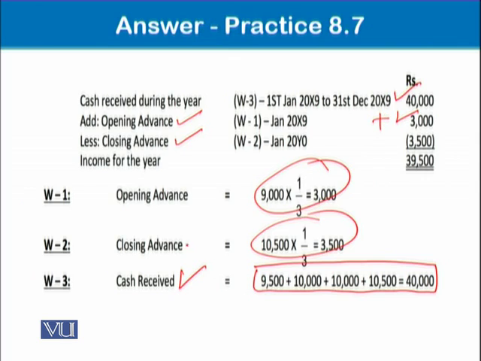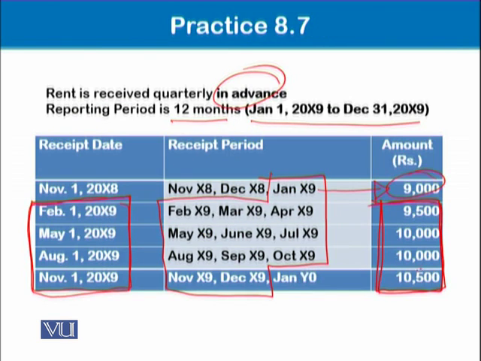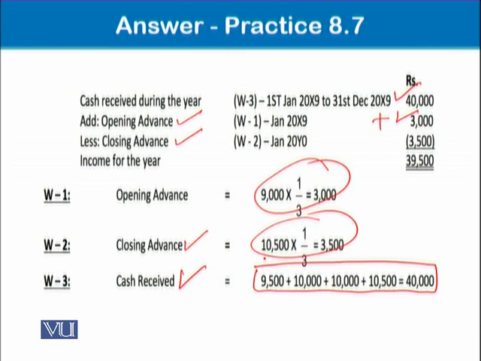And for closing advance, yes, it is falling in this 10,500, only this 1 month is paid or received in advance. So here we calculate 10,500 for 1 month, it is 3,500, subtract it, we will get 39,500 as our income for the period.